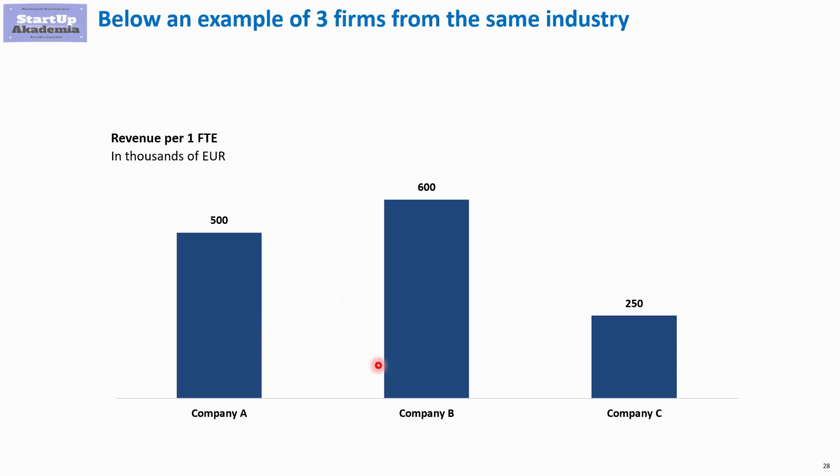So most likely company B is the most efficient one, whereas company C is the least efficient one. So if company C implements part of the things that company B is doing, most likely they can reduce to some extent the headcount and increase this KPI closer to the level of company B or company A. So that's in short when it comes to benchmarks and how you can use them. We will later on use them more extensively in the case studies.